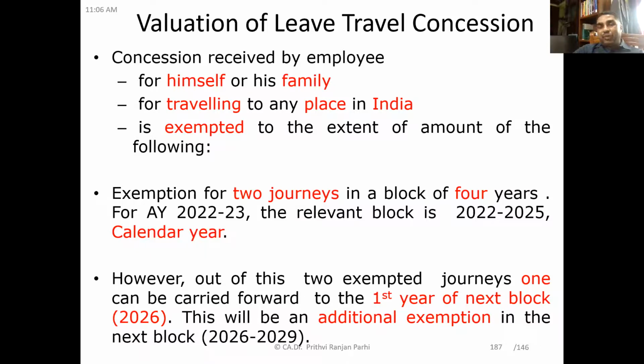So it can be carried forward to the first year of the next block. That means in the year 26, you can go for LTC again and that will be exempt. In the next block, 26, 27, 28, 29, you can have 3 journeys: 2 original journeys from that block, and 1 more journey carried forward from the previous block.